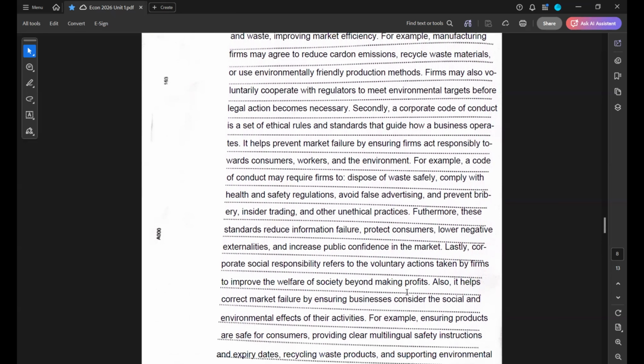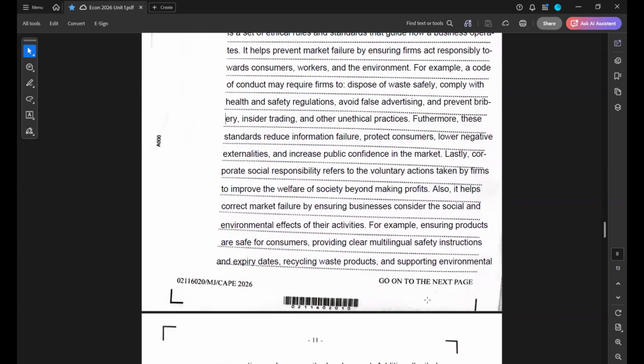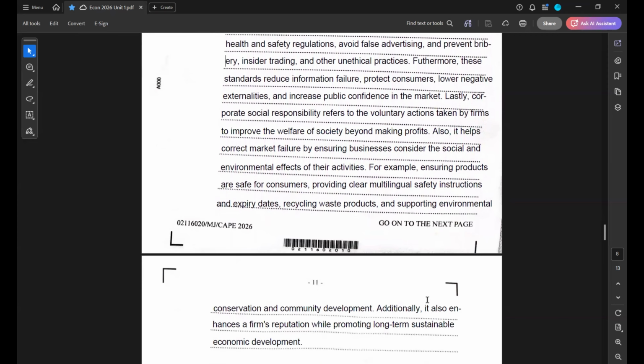Lastly, corporate social responsibility refers to the voluntary actions taken by firms to improve the welfare of society beyond making profits. Also, it helps correct market failure by ensuring businesses consider the social and environmental effects of their actions or activities.